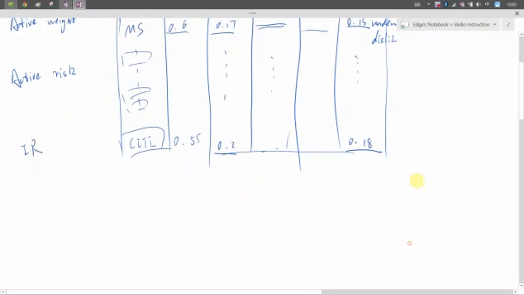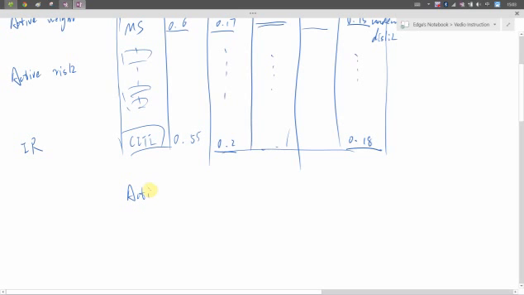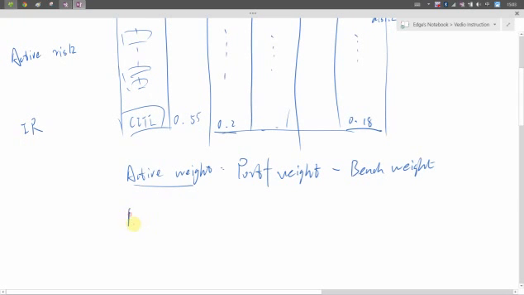And finally, we can know what is active weight. Active weight is just portfolio weight minus benchmark weight, and correspondingly, active return is equal to portfolio return minus the benchmark return. Very simple, right?